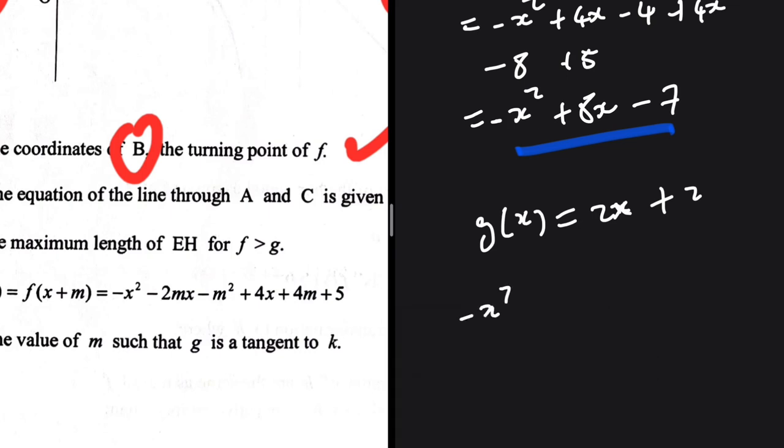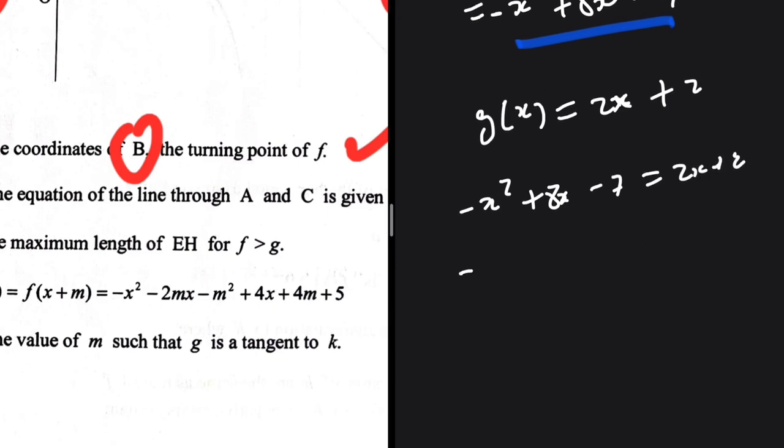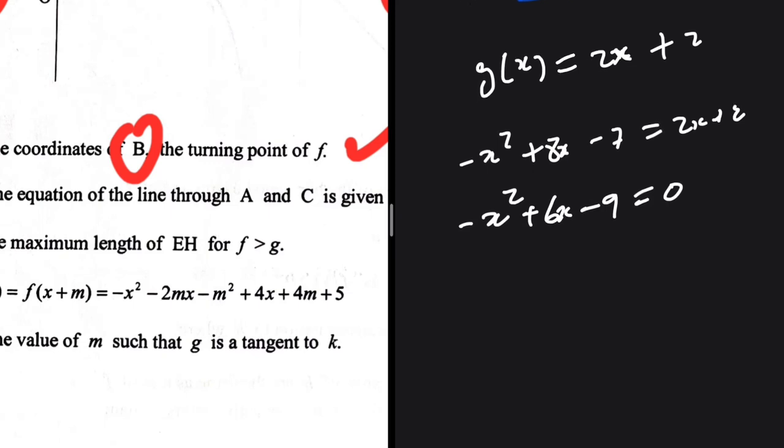So minus x squared plus 8x minus 7 is equals to 2x plus 2. So minus x squared plus 6x minus 9 is equals to 0. I'm giving myself a very unnecessary headache. Okay, fine. So x squared minus 6x plus 9 is equals to 0. I just divided both sides by minus 1. So that is mathematically correct.